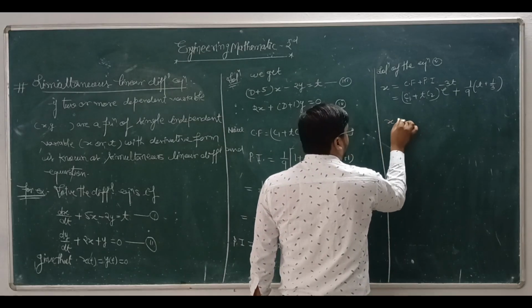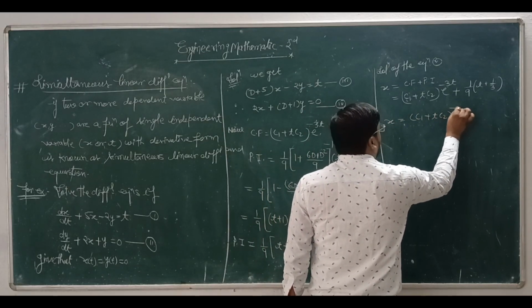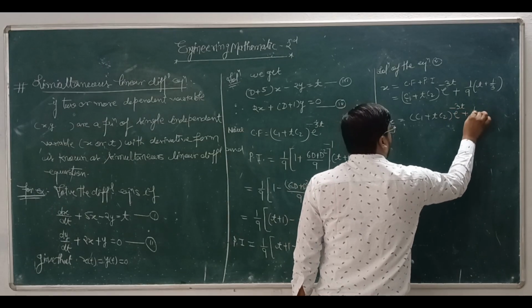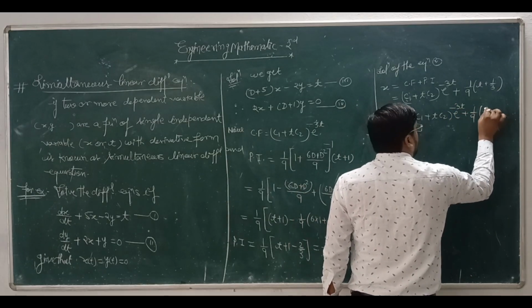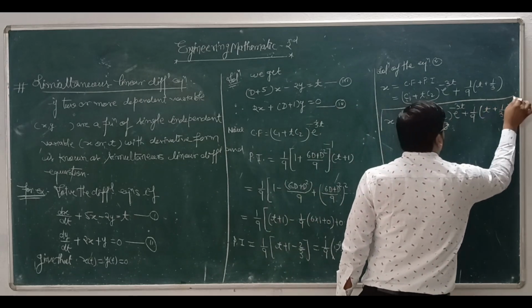Now this is the value of x. You can write c1 plus t c2 e to the power minus 3t plus 1 by 9 t plus 1 by 3. This is the value of x.